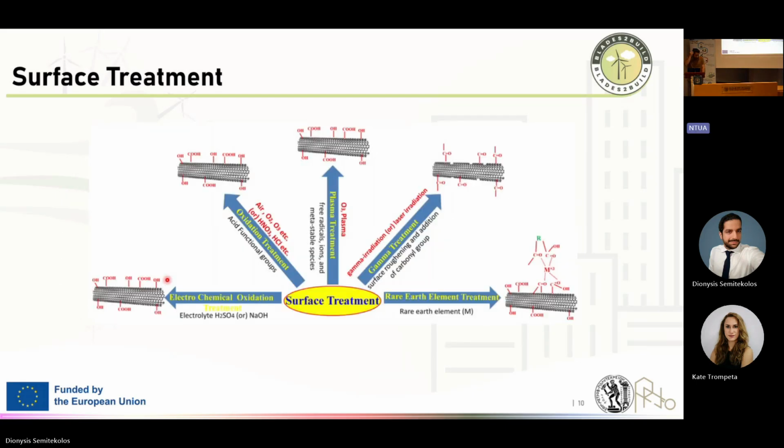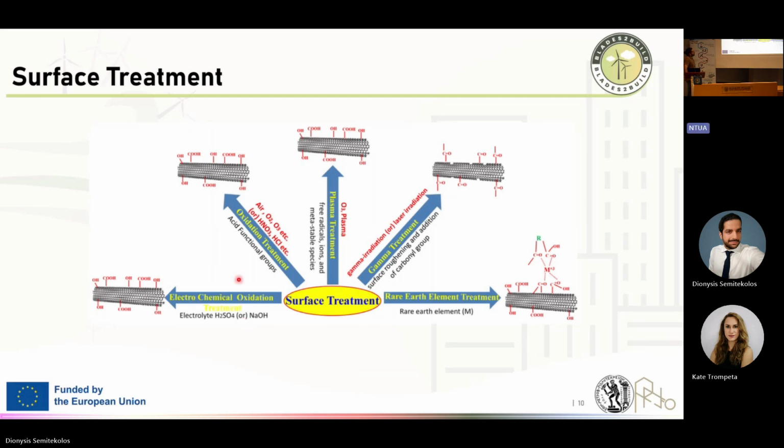There are quite a few options to treat fibers. We are not going to cover all of them today. The popularity decreases as we go right from the left.